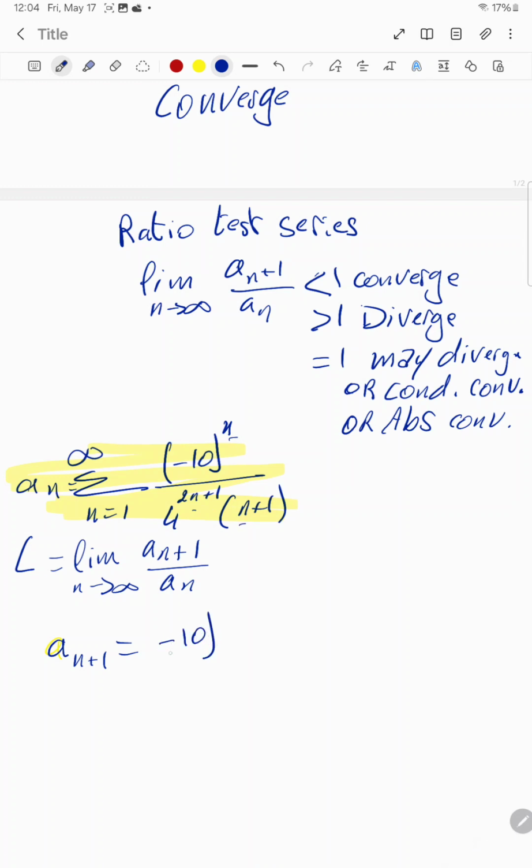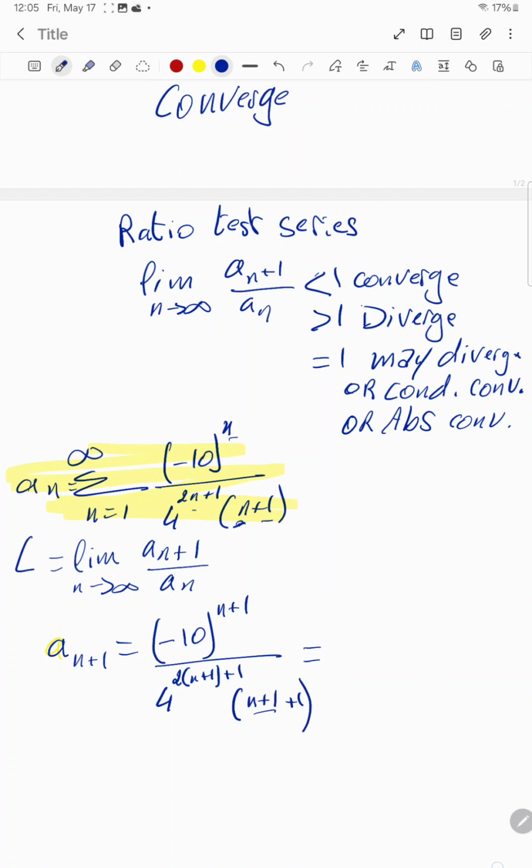It's minus 10 to the power of n plus 1 divided by 4 to the power of 2 times n plus 1, plus 1, times n plus 1. So that n becomes n plus 1, and I have plus 1 here. I add it. So this is my a of n plus 1.